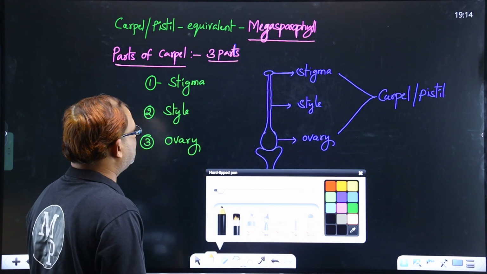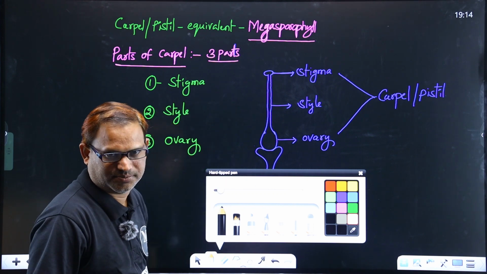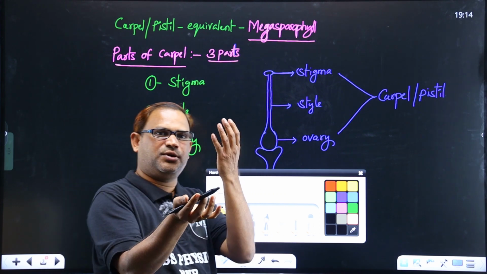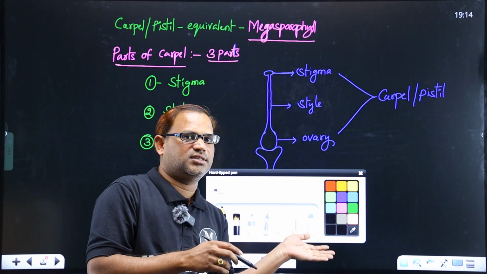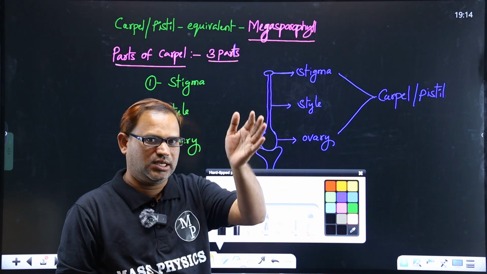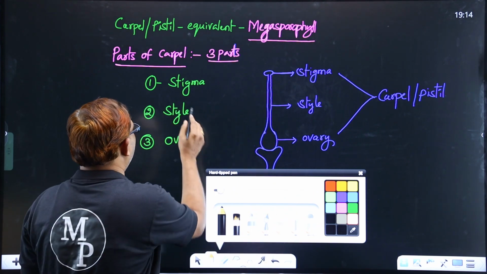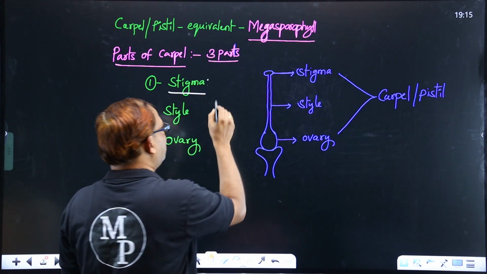See all of you, the stigma is the landing platform for pollen grains, which means a receptive surface for pollen grains. When pollen grains are transferred to the stigma portion, that is why the stigma is the landing platform. Very important.